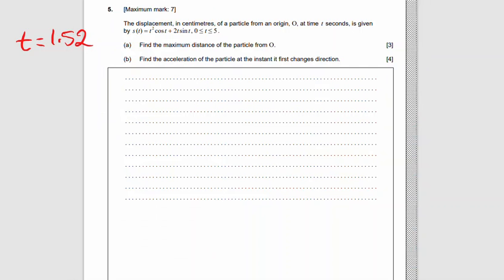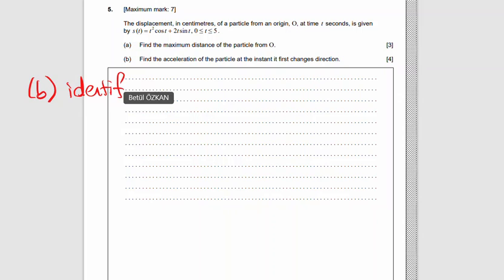Okay, let me write for question B. First of all, we identify the maximum point, the local max point, the first maximum. Identify the coordinates of the first maximum point.